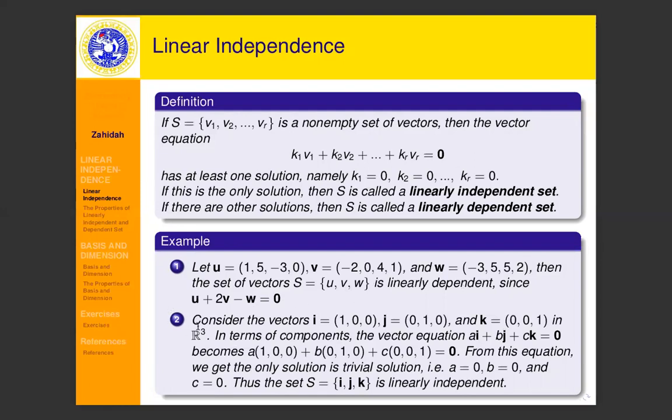But for the second example, I, J, K, we cannot express I as a linear combination of J and K. J also cannot be expressed as a linear combination of I and K. And so is K. It cannot be expressed as a linear combination of I and J.